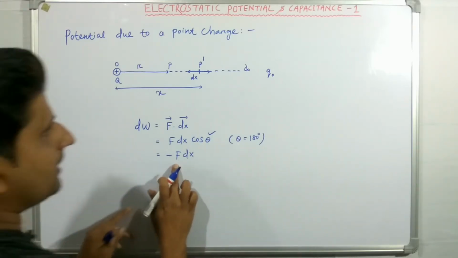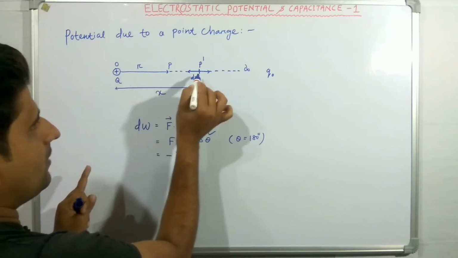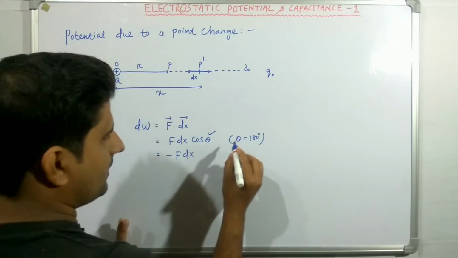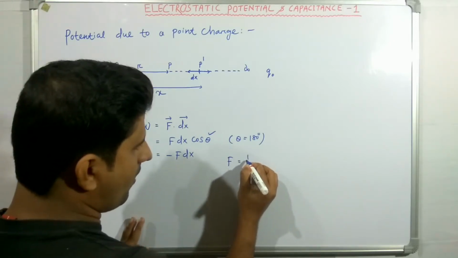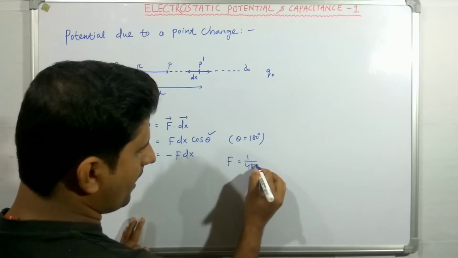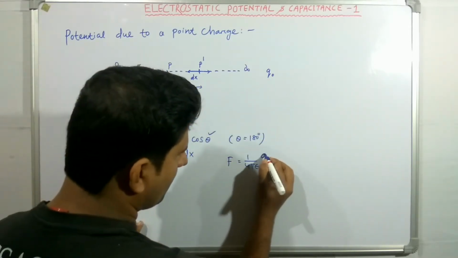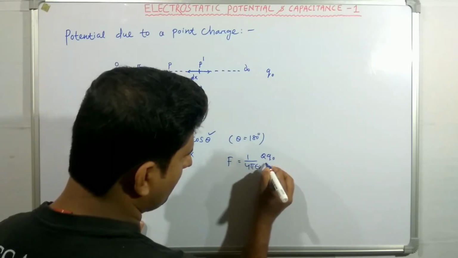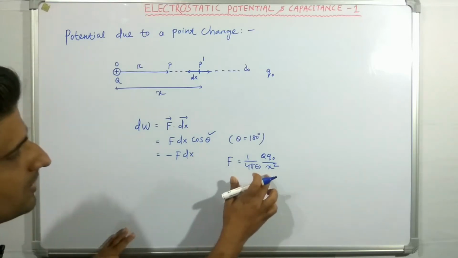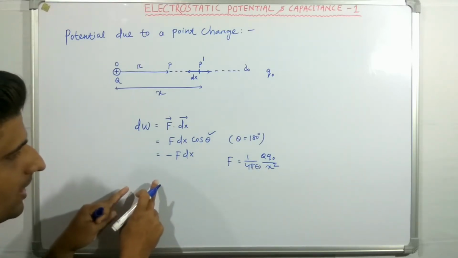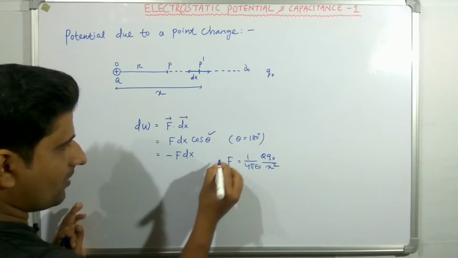This will be minus F dx. The electrostatic force at P dash, F equals 1 by 4 pi epsilon naught q q0 divided by x square. Put the formula of electrostatic force.